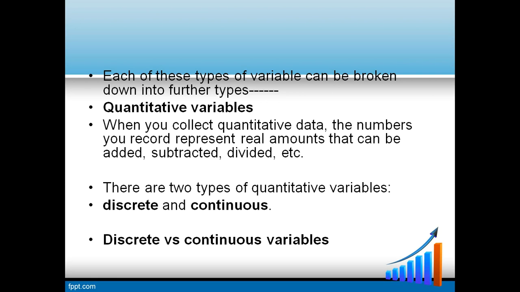When we collect quantitative data, the numbers we record represent the real amount that can be added, subtracted, divided, etc. Quantitative data means the measurable, metric data. Friends, when we talk about body weight, milk yield, growth rate, age at first calving, etc., they can all be measured. So all those traits which can be measured and have a particular value are called quantitative variables.